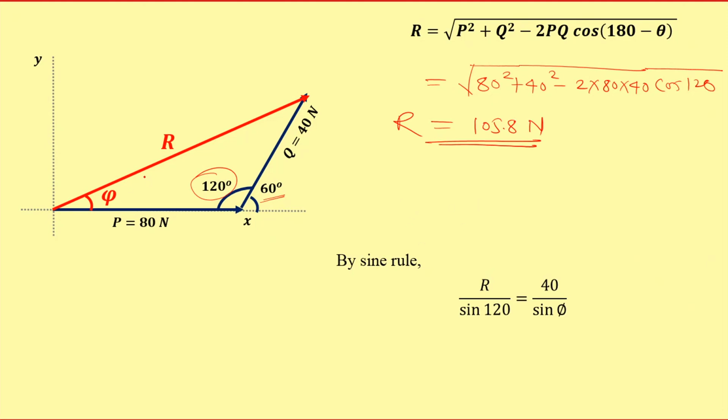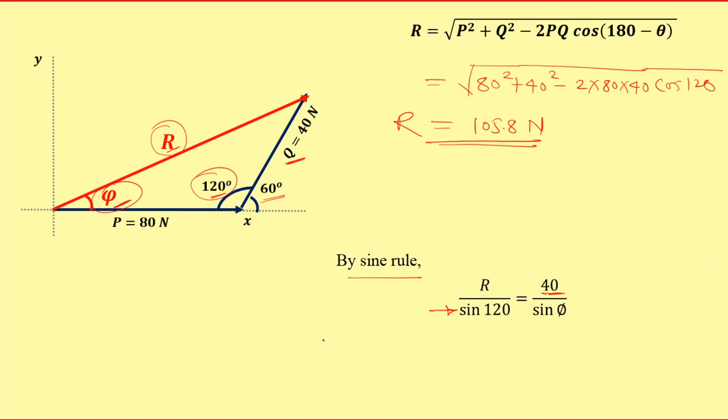But in this case, to determine this angle phi, we need to consider the sine rule. As per the sine rule, we can write it as one side of the triangle upon the sine of the angle between the remaining two sides. Here R and the opposite angle is 120 degrees, that is the angle between the remaining two sides, is equal to 40 Newton, that means this side Q, upon the sine of the opposite angle, or the angle included between the remaining two sides, that is phi.